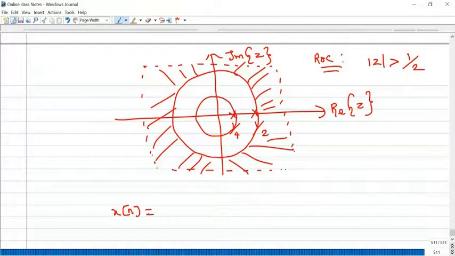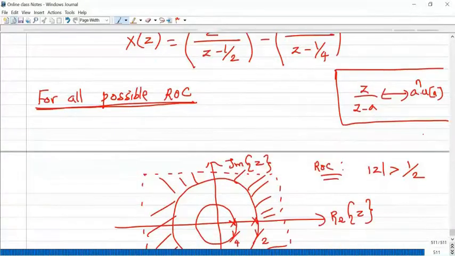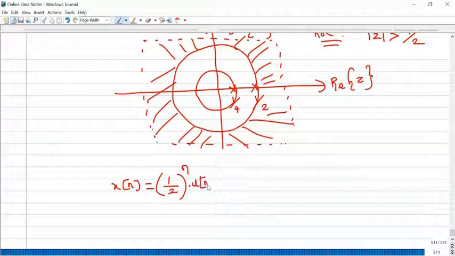So for x of n, the result z divided by z minus a, inverse z transform is a power n u of n. So 1 by 2 power n u of n.